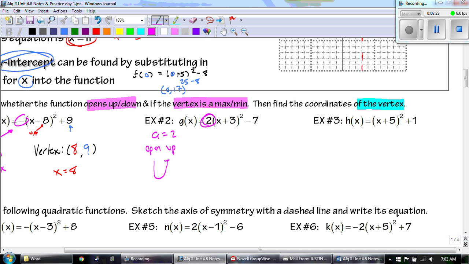It's positive, and if it's positive and opening up, my vertex is the min. Okay, what is our vertex? Well, I take the opposite of 3, so it's negative 3. And then this guy stays the same, so (negative 3, negative 7). And then my axis of symmetry is x equals negative 3.